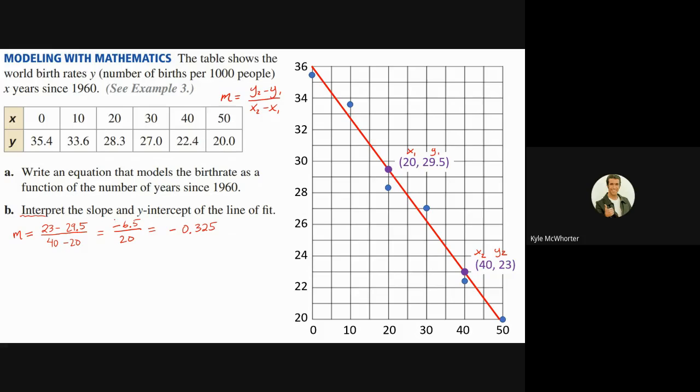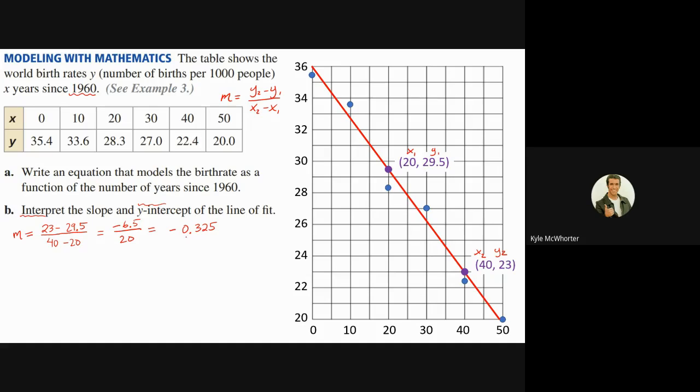So that's what the slope means. Every year that goes by, the birth rate reduces by 0.325. Interpreting the y-intercept means, when x is 0, that was the year 1960. But we don't have the y-intercept yet to interpret, so we could only interpret the slope so far.